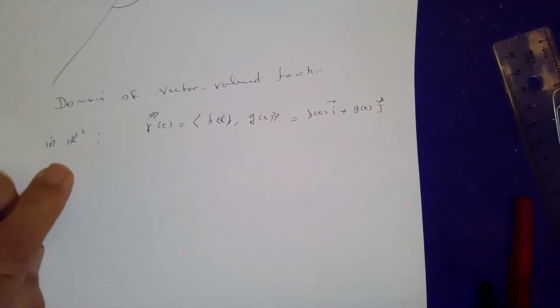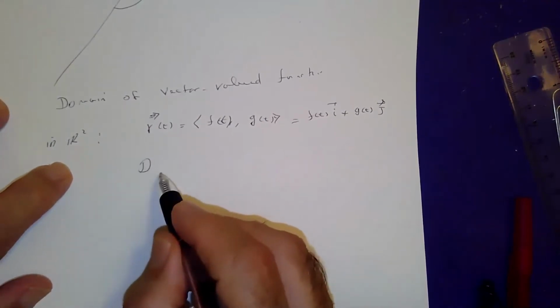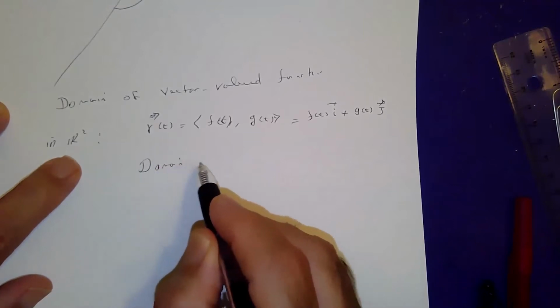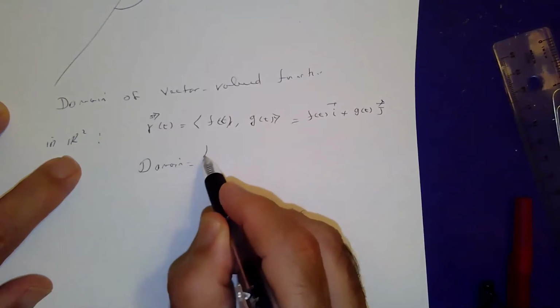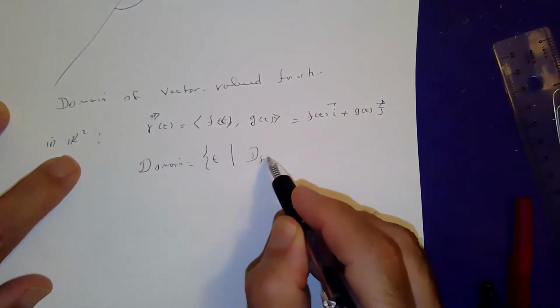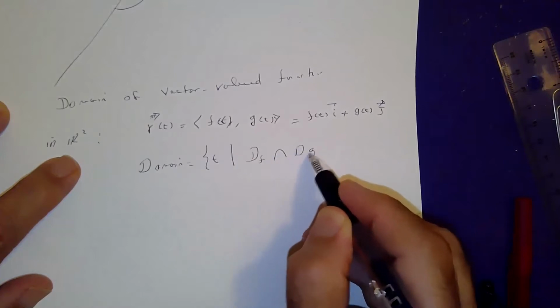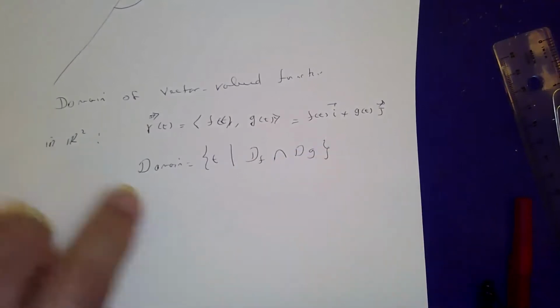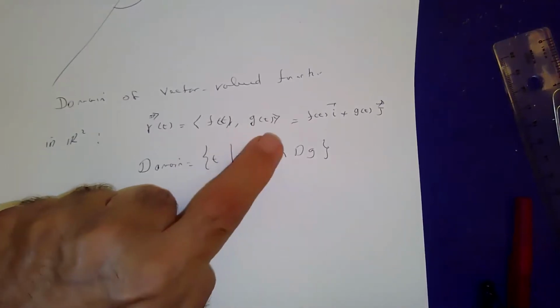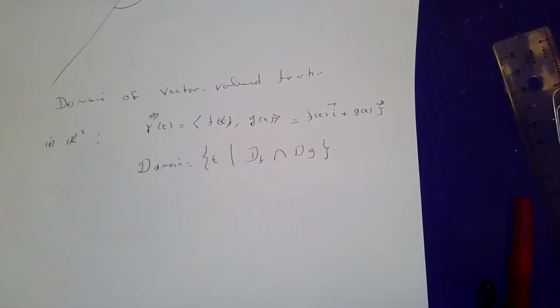In 2D, the domain of this vector valued function is equal to all values of t such that t is in the intersection of the domain of f and the domain of g. In other words, you have to find common values which make these two functions defined.